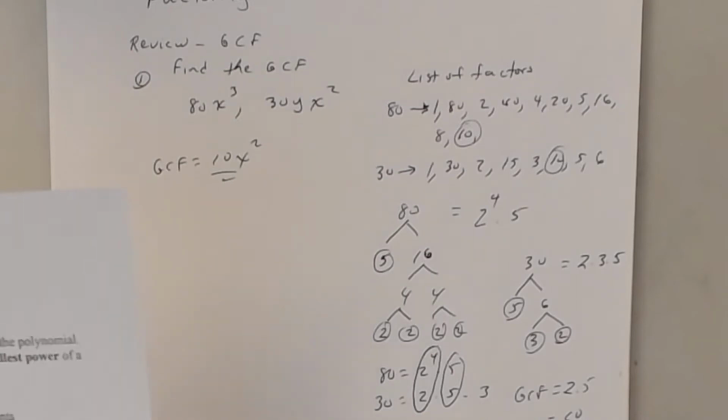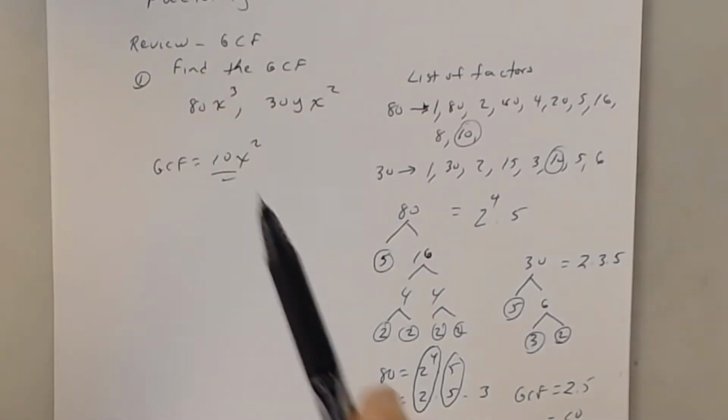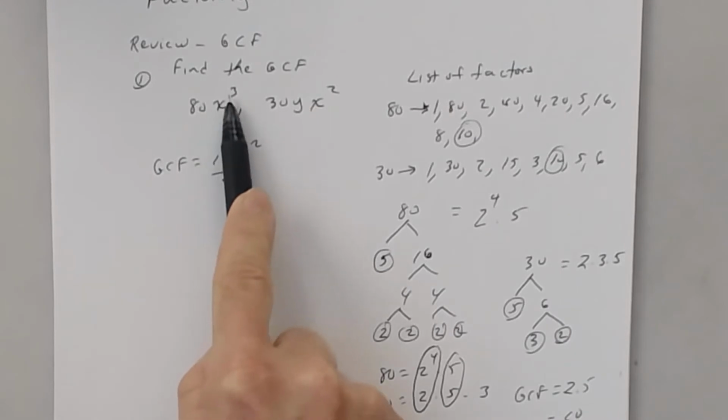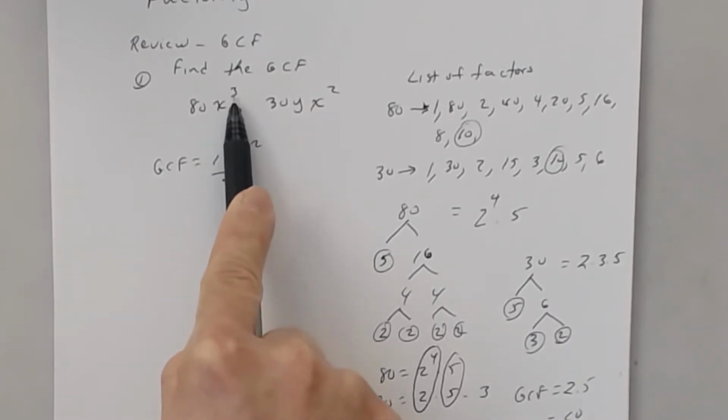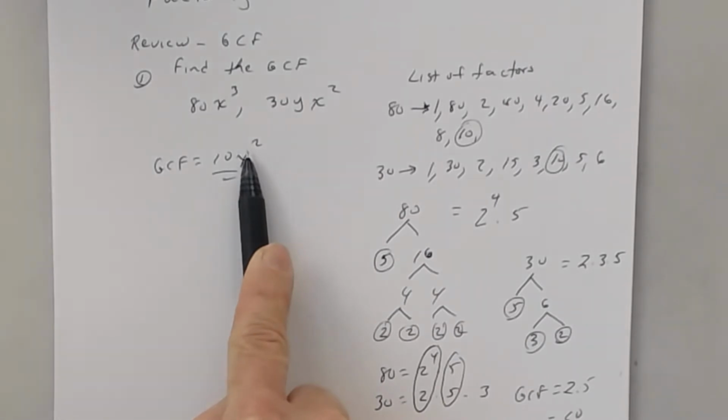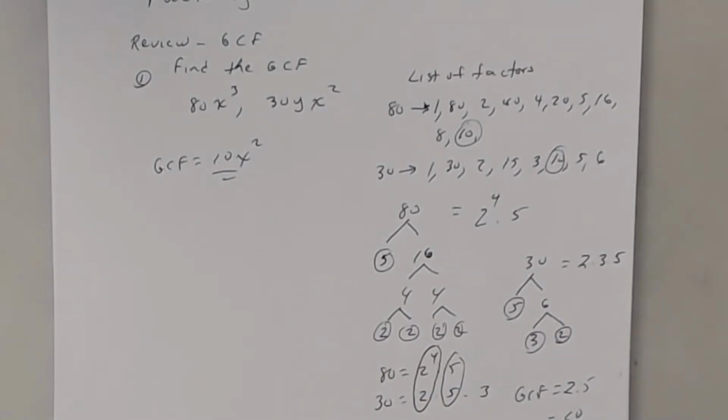The variable part, though, of the greatest common factor always contains the smallest exponent, which we kind of figured out ourselves. So what's the exponent here? What do I use? The smallest exponent, because that's what they have in common. All right. And then find the GCF.